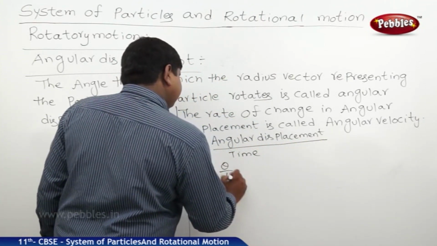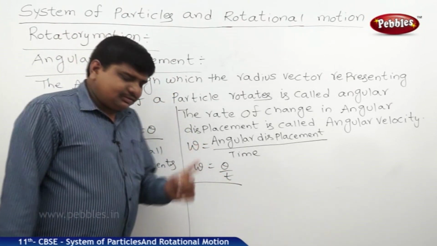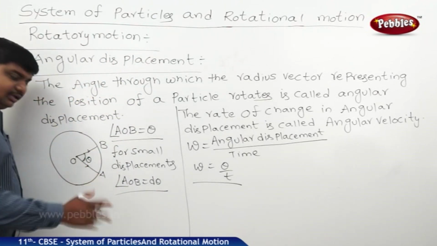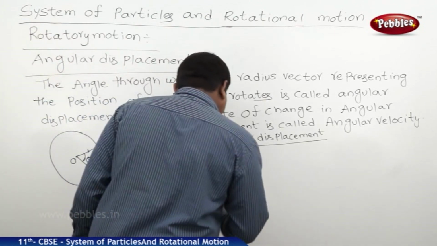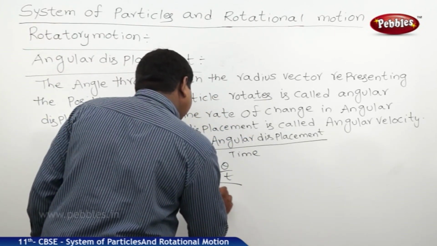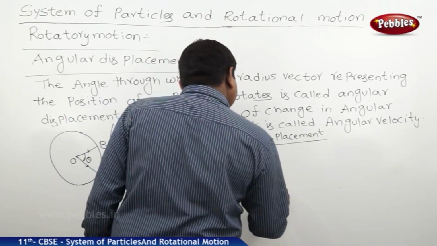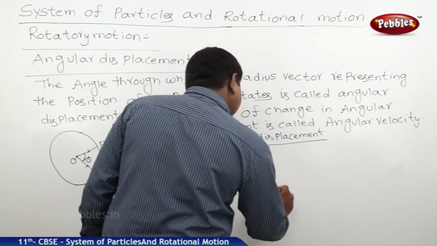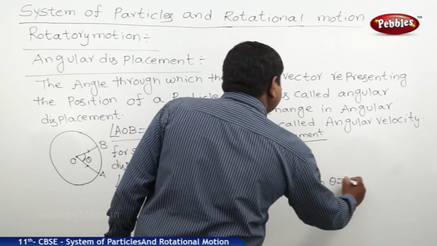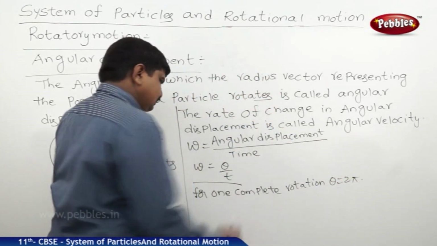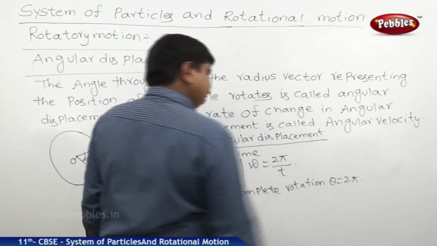Therefore, it is theta by t. Suppose the body executed one complete rotation, then this theta will become 2 pi. One complete rotation, theta is equal to 2 pi. Therefore, omega will become 2 pi by t.